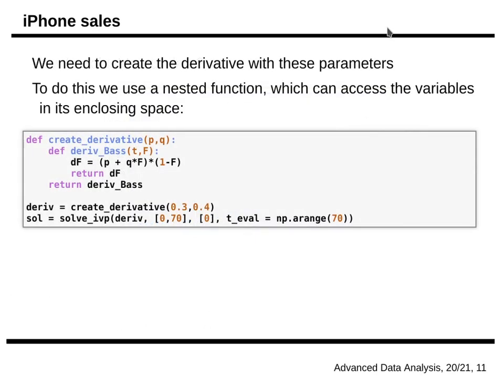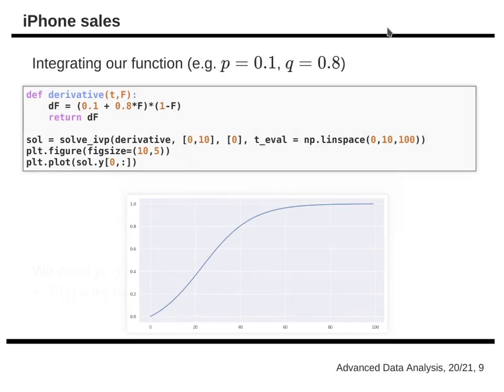Okay, so to do this, we need to use a Python trick here, because you see that in order to use solve IVP to integrate our differential equations, we need to write a function for the derivative that receives as arguments the time and the value of the integral so far.